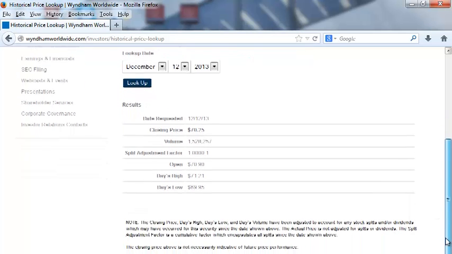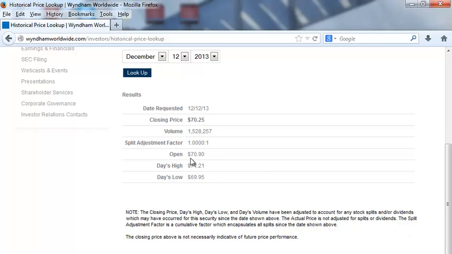This chart shows that on that date, the stock opened at $70.90. The high was $71.21. The low was $69.95. The closing price was $70.25. 1.5 million shares were traded during that day.